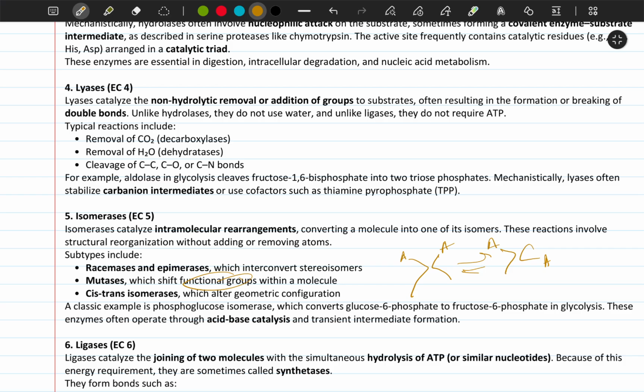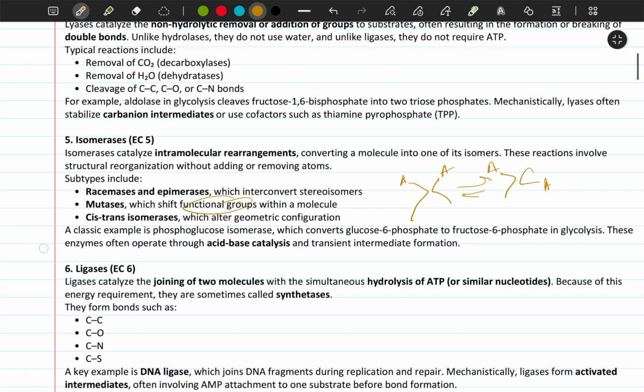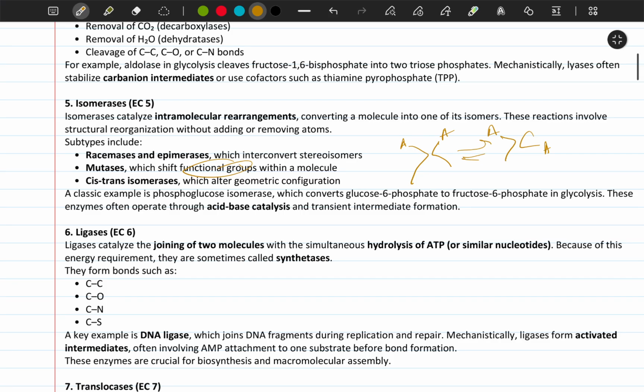Next is ligases, EC6. Ligases catalyze the joining of two molecules with simultaneous hydrolysis of ATP or similar nucleotides. Because of this requirement, they are sometimes called synthetases. They form bonds such as C-C, C-O, C-N, C-S.